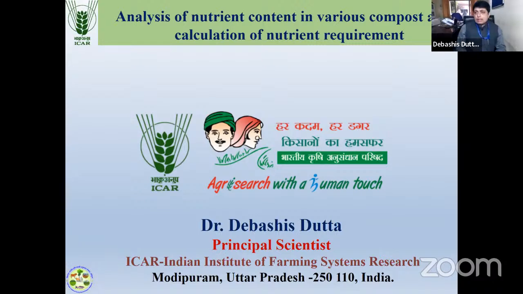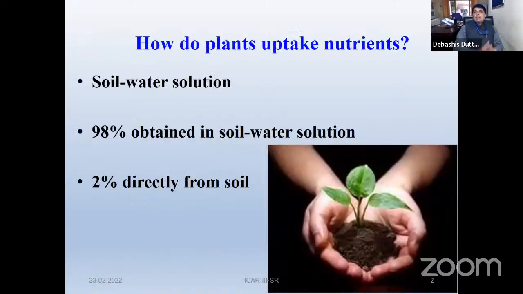Before that, as we are advisors, we should know the background and how plants uptake nutrients. Plants uptake nutrients from the soil water solution. This is the basic reason why we apply irrigation water to the soil after applying chemical fertilizers or organic fertilizers, irrespective of chemical farming and organic farming.